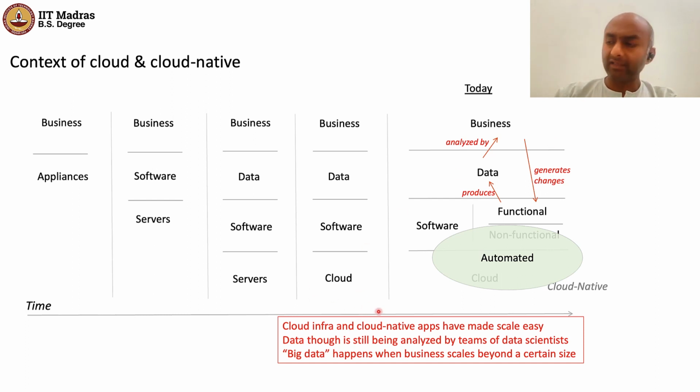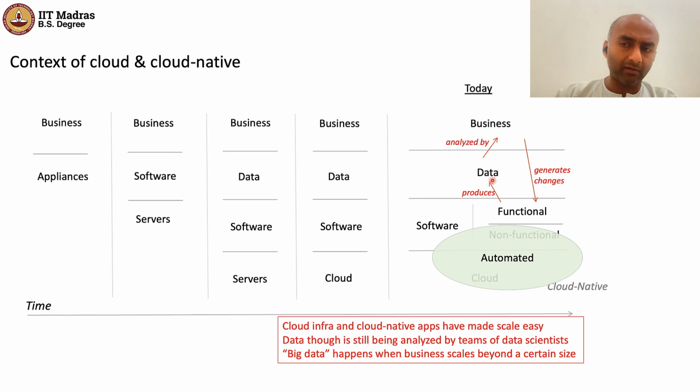So in a nutshell, cloud infra and cloud native apps have made scale of operations super easy. If you're now a startup, you can start small and scale it up super easily. In fact, the expectation is that you would go from 1,000 to 1,000,000 within a week, and nothing will change about how you run your business. That's as powerful as it gets.